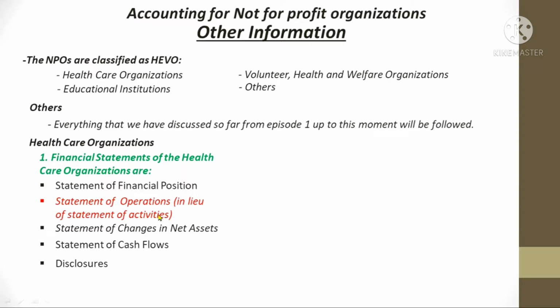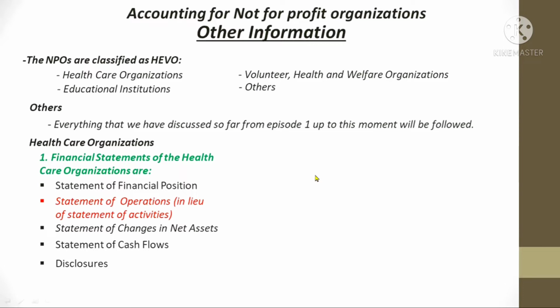Now, that's unique feature number 1 for healthcare NPOs, because all other NPOs prepare the statement of activities instead of the statement of operations. And if you remember, the statement of operations focuses only on presenting revenues and expenses, unlike the statement of activities. So that's it for unique accounting feature number 1 for healthcare organizations.